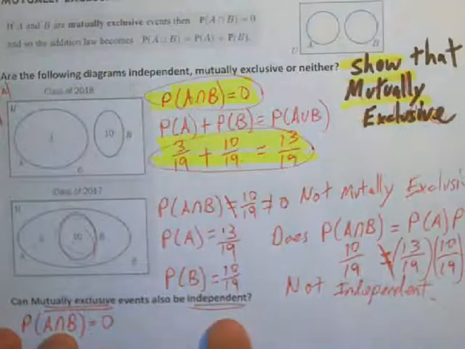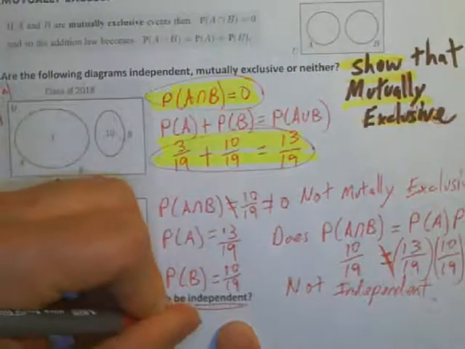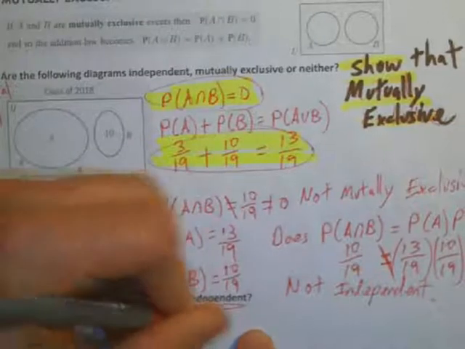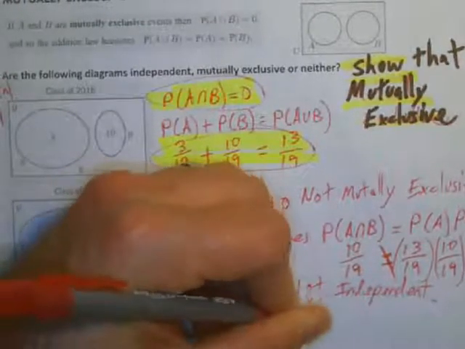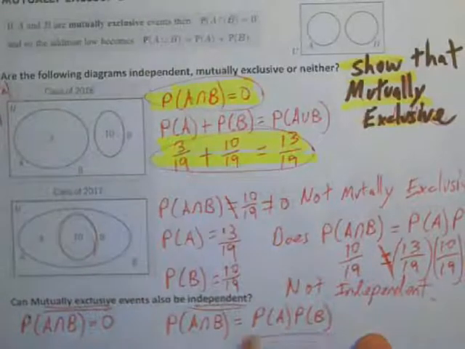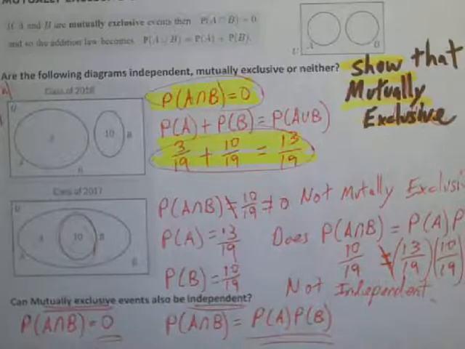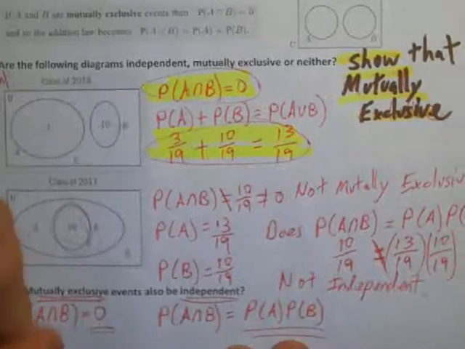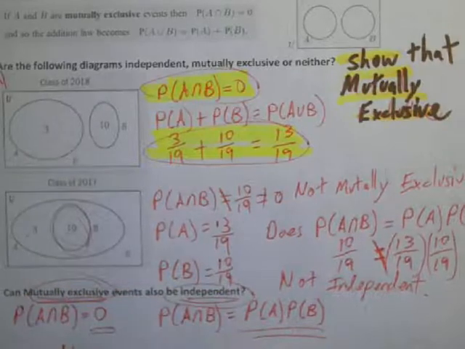Now, independent events, we just said at the beginning that the probability of A intersection B is equal to the probability of A times the probability of B. Is this ever equal to 0? No, so it cannot be mutually exclusive and independent at the same time.